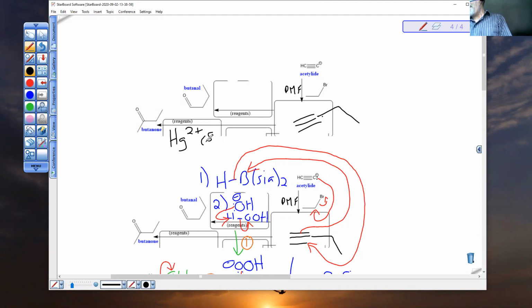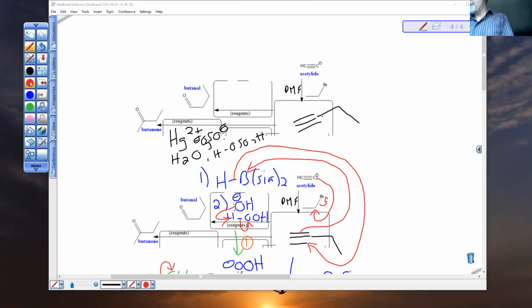I'm going to redraw the sulfate ion like this. And we have water, and we have sulfuric acid. And we're going to make that into butanone.